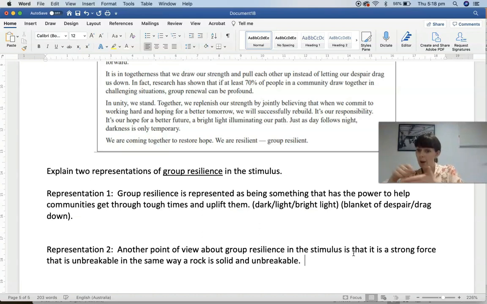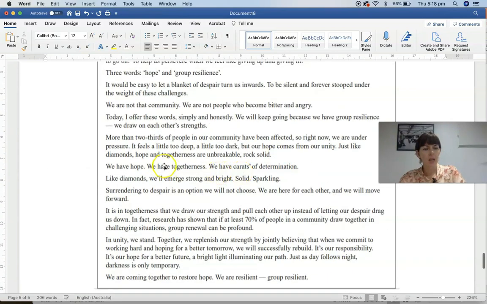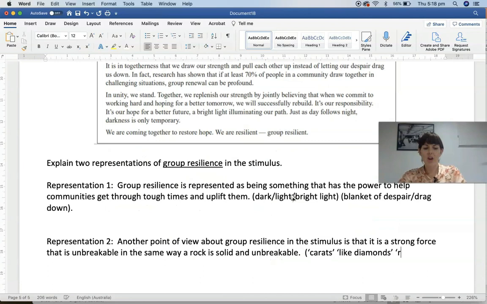When I write more by pen and paper, typically in the exam, I would use those metaphors, that word carrots and the simile of like diamonds. And the phrase rock solid.